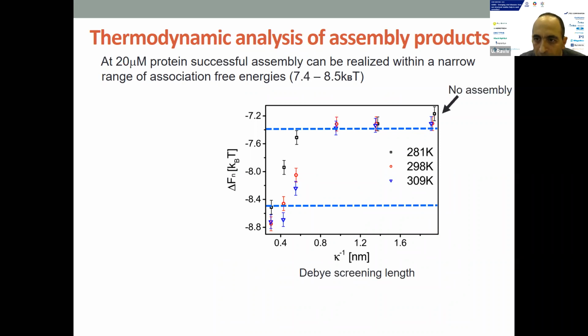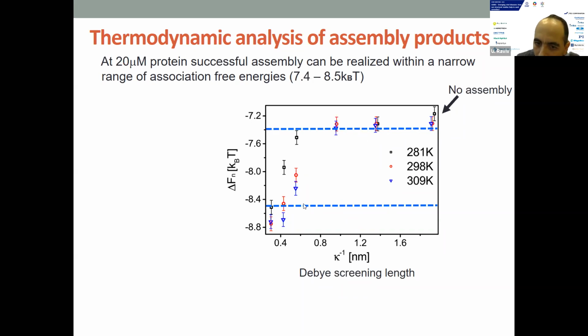We found that no assembly occurs when the association energy was in thermal energy units only 7 kT. Below 7 or 7.5, there was no assembly. Then between 7.5 and 8.5, so about only 1 kT difference, there was successful assembly.